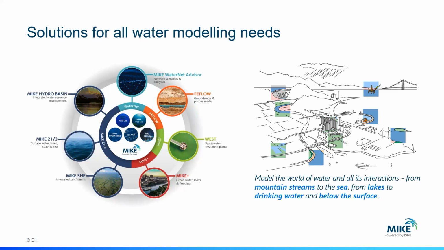We are dealing with water issues and developing software solutions for basically any type of water-related study. We are talking about integrated water resources management, where we have Mike Hydrobasin, Mike SHE, or Mike 21, urban networks, where we have Mike Plus and also WEST, which deals with wastewater treatment plants, and groundwater, where we have FEFLOW.